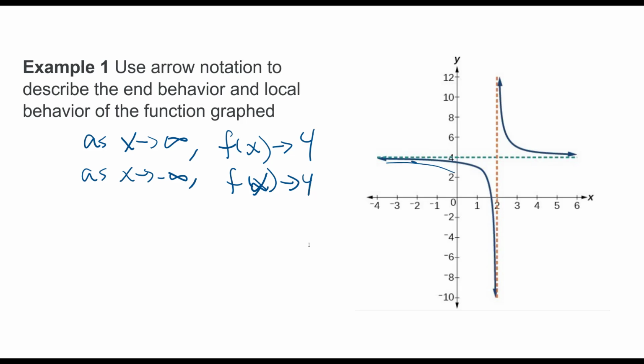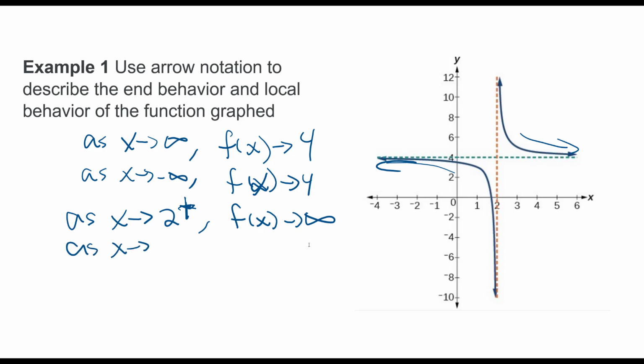But as x gets close to 2, it's approaching infinity from one side and negative infinity from the other. As x approaches 2 from the right side, f of x goes towards infinity. But as x approaches 2 from the left side, f of x goes to negative infinity.